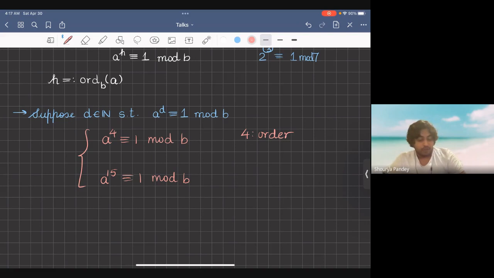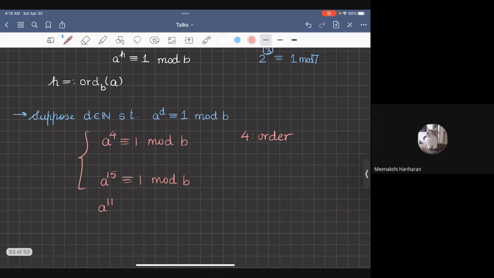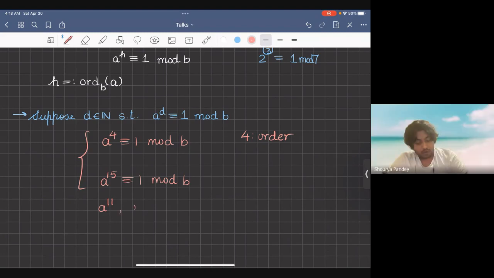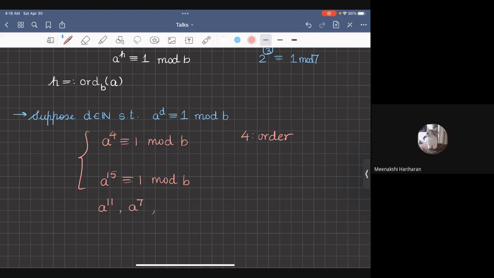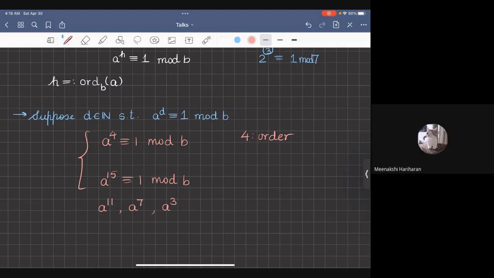Can you deduce a to the 11 mod b? That's 1, because a to the power 15 divided by a to the power 4 is a to the power 11. What about a to the 7? That's also 1. And a to the 3? That's also 1. So 4 can't be the order. Exactly.